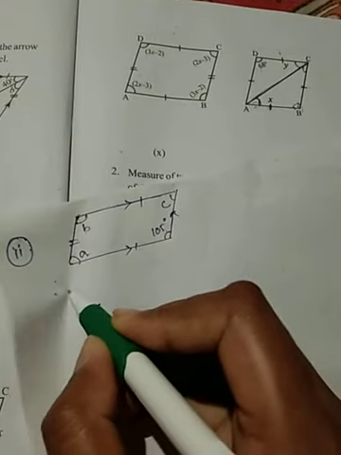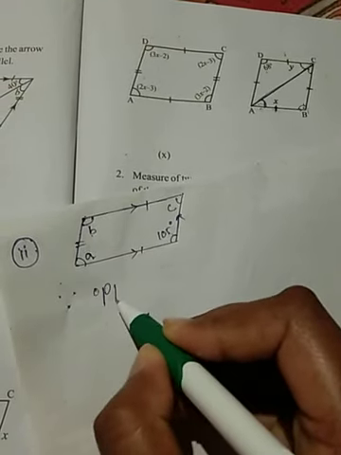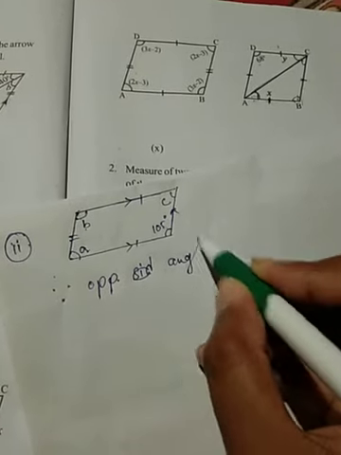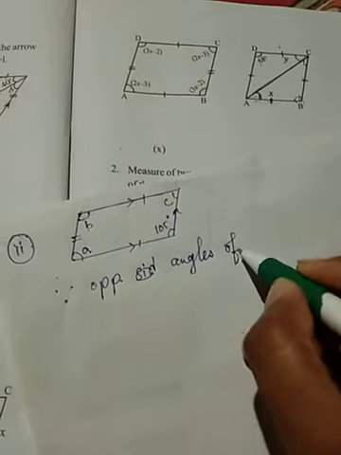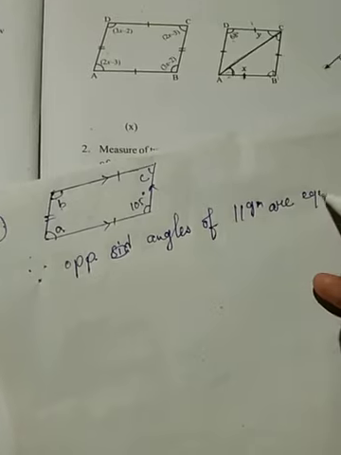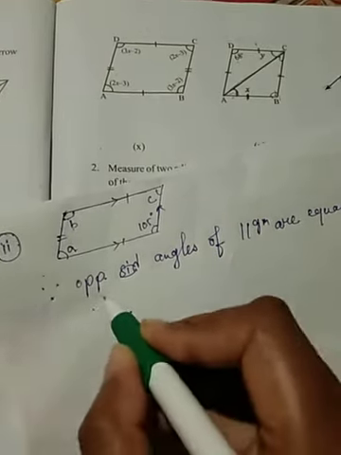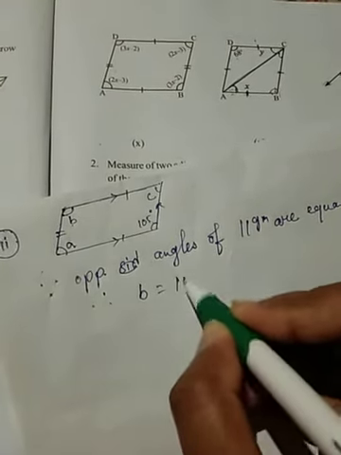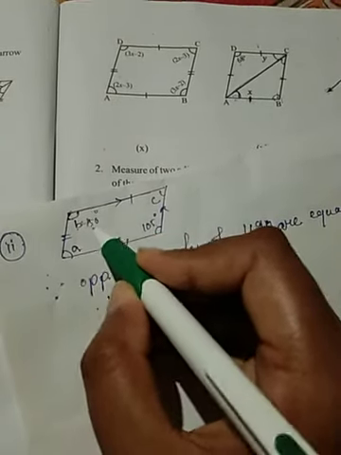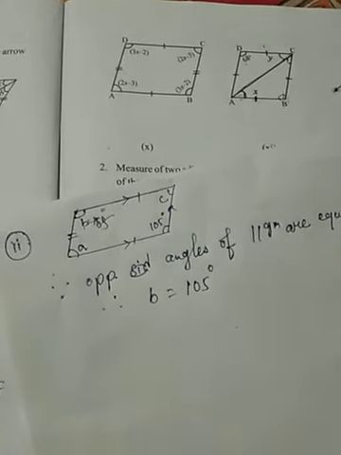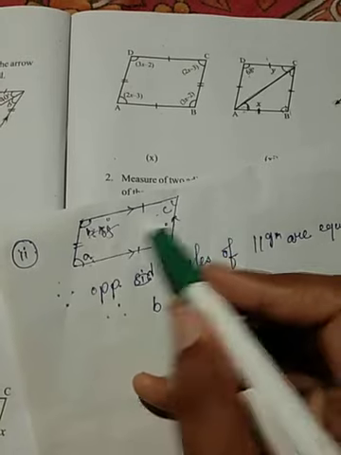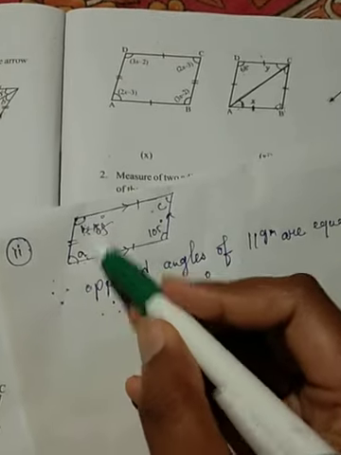So first we write, since opposite angles of a parallelogram are equal, therefore B equals 105 degrees. From B we find the angle A and angle C.